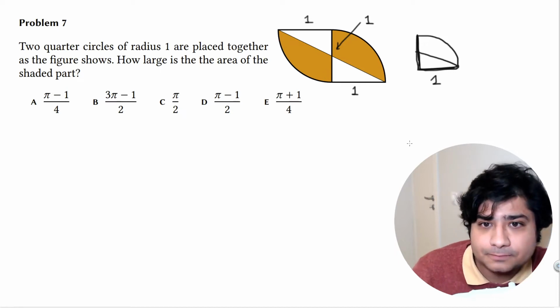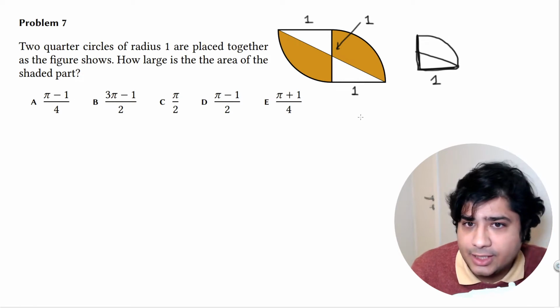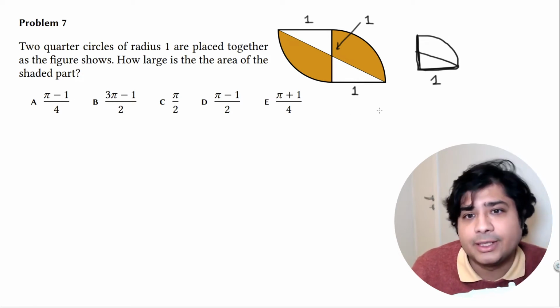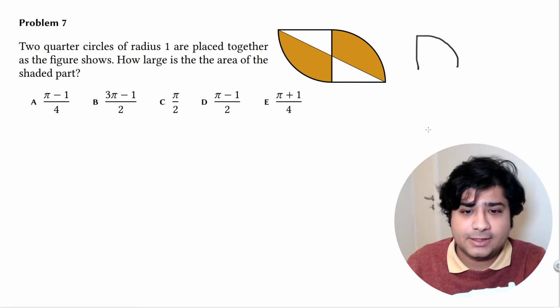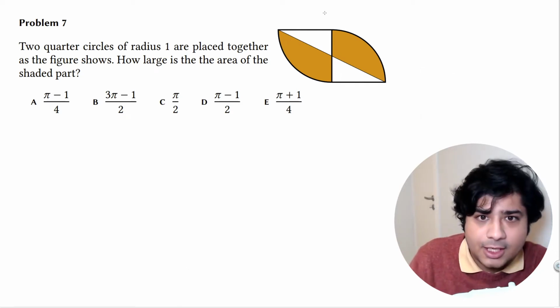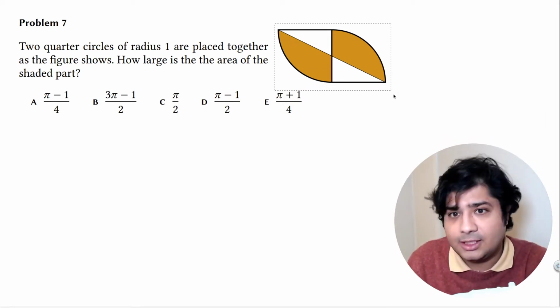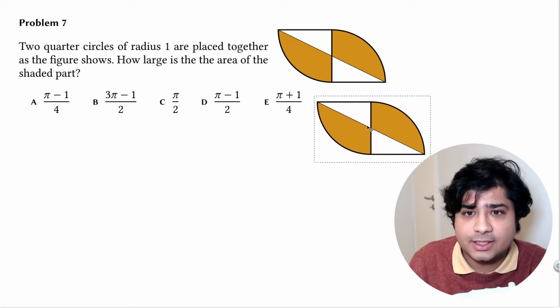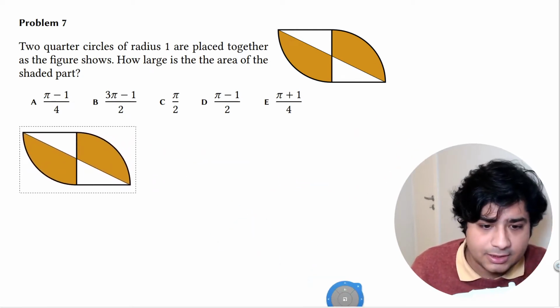So let's try to make a replica of this. Let me just duplicate this, so I don't have to draw so much and waste your time. Let's copy this and paste it right here. There we go.